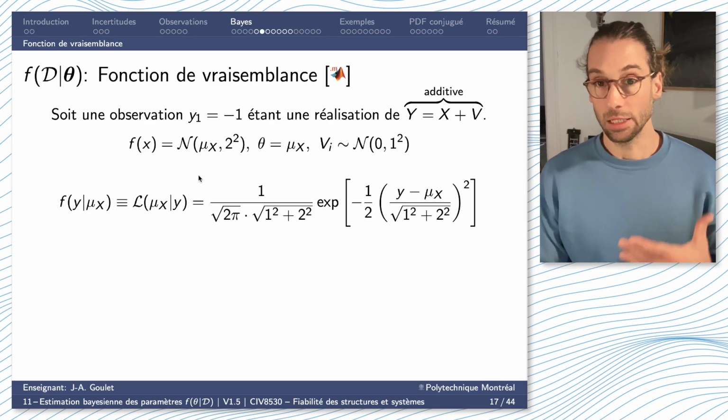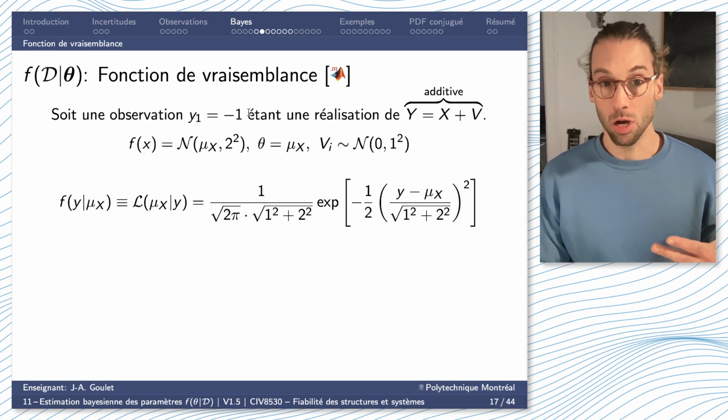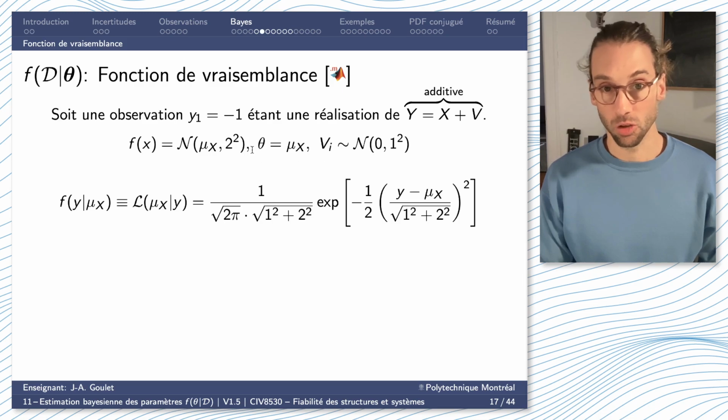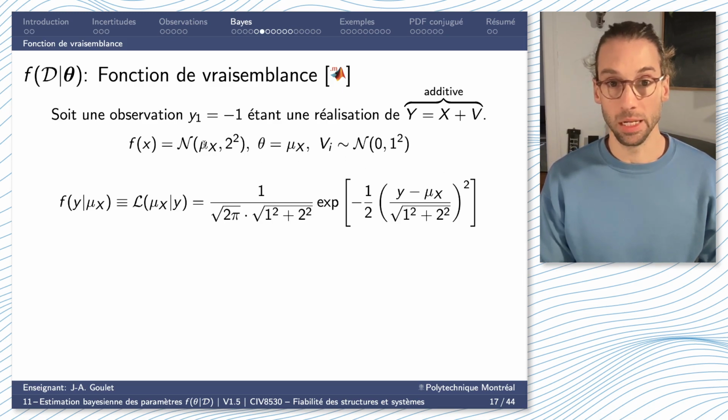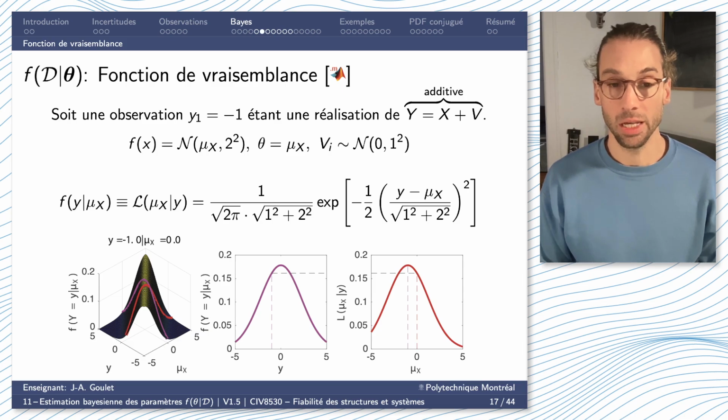We can express the likelihood of observing -1 using the formulation of the normal, where the mean is mu x and the variance is the sum of 2 squared plus 1 squared. This is what I have here in place of the variance. So mu x is my parameter, and y is -1. I can represent this function for all possible values of y and mu x.